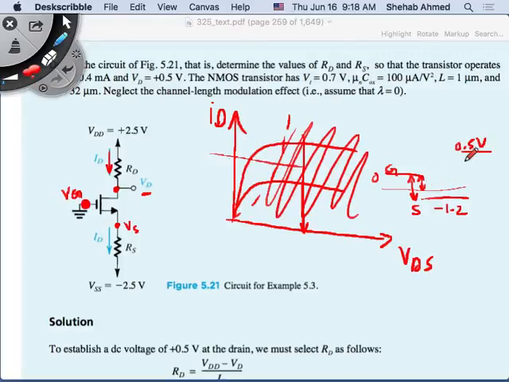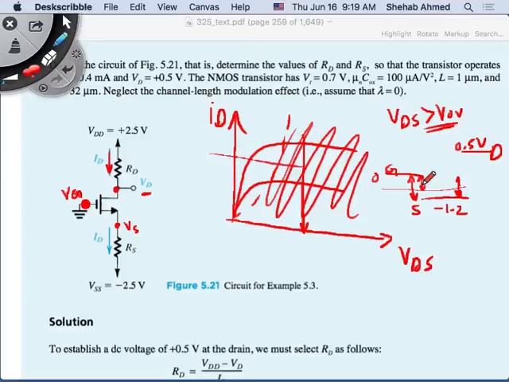As long as VDS, this is my drain voltage, is greater than my over voltage, then I'm where? In saturation. If this is my over voltage here, fine, add it to the source voltage. My drain is higher. And as soon as the drain is higher than the gate, we know we've satisfied the over voltage condition.